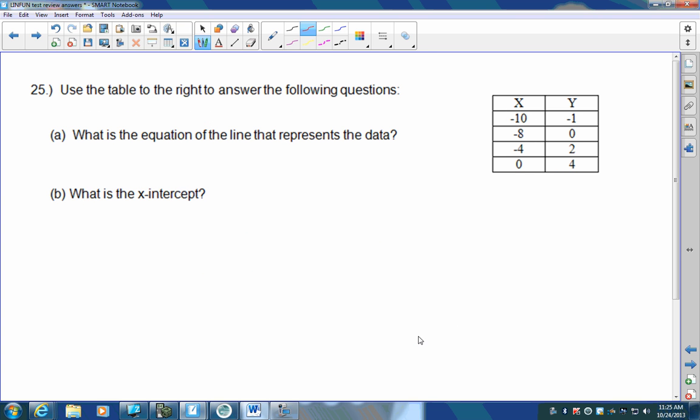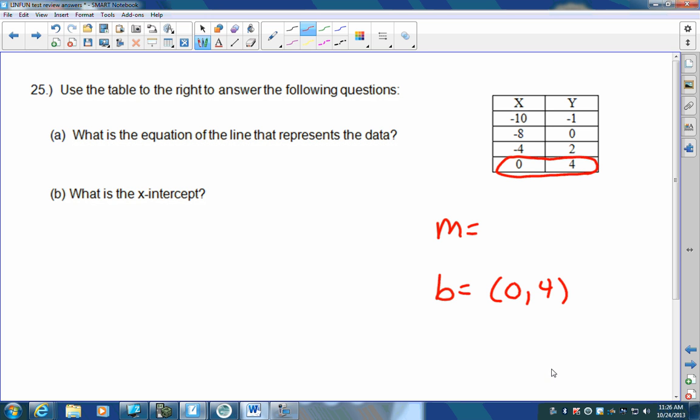All right, number 5 says, use the table to the right to answer the questions. What is the equation of the line that represents the data? And then what is the x-intercept? Okay, to write the equation, remember I need the slope and I need the y-intercept. I see the y-intercept right here, 0, 4.